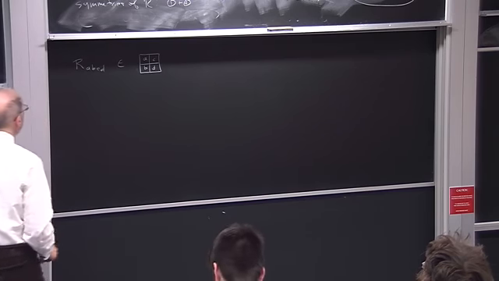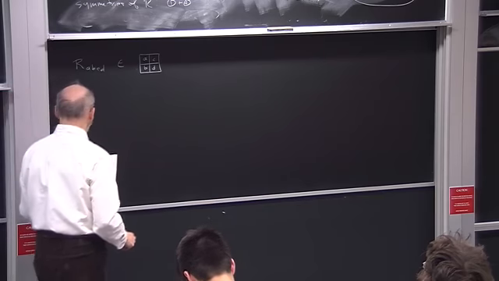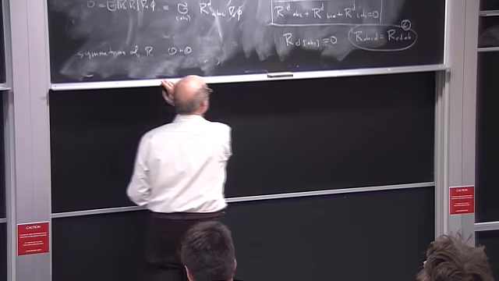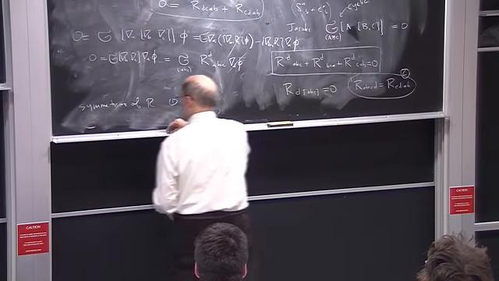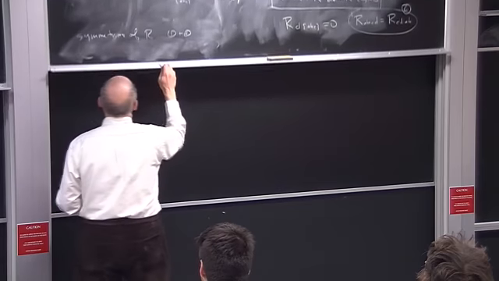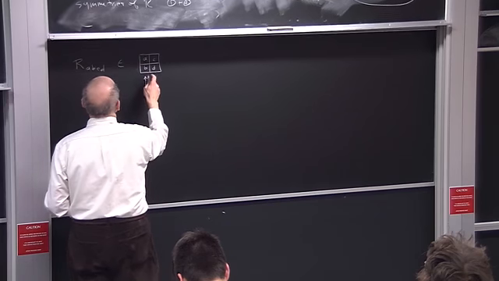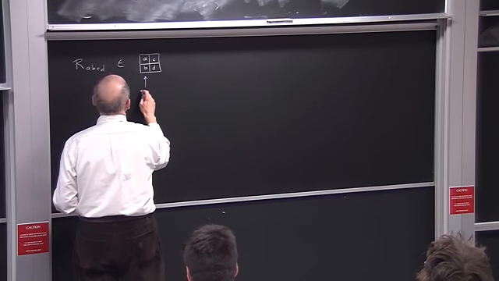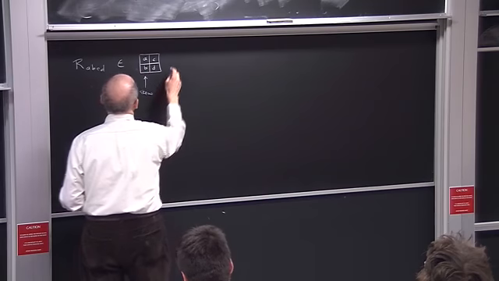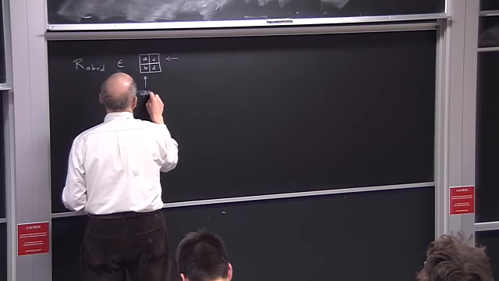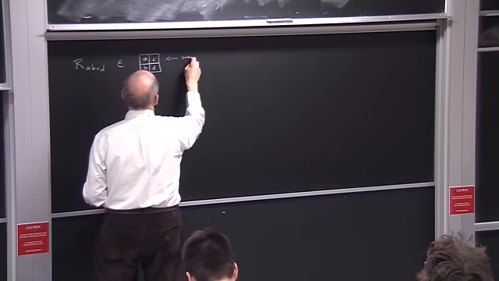And the thing to remember about these Young Tableau is that any two indices in the same column represents an anti-symmetrization, and let's call it odd, and any two in the same row represent even.